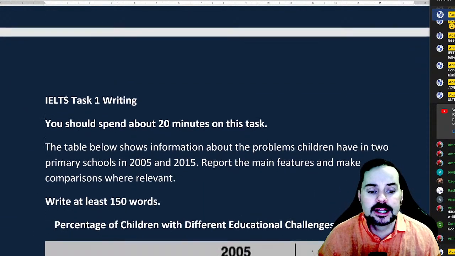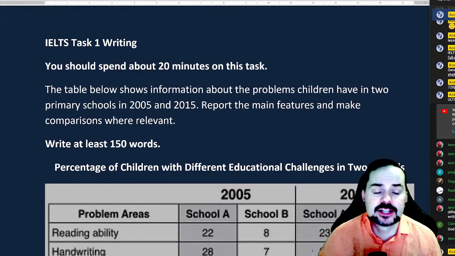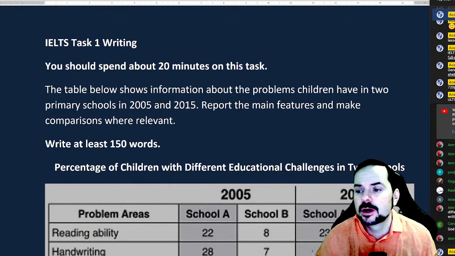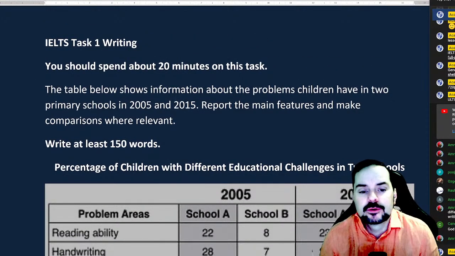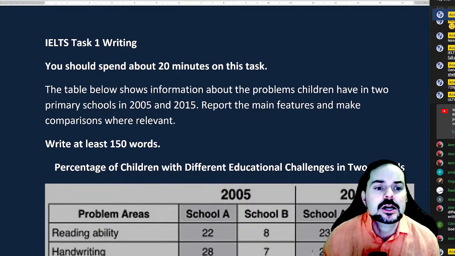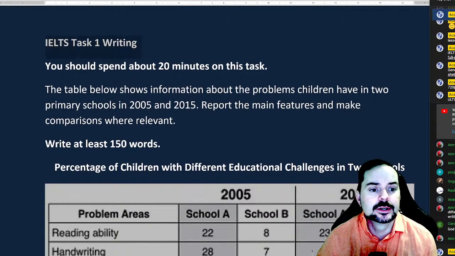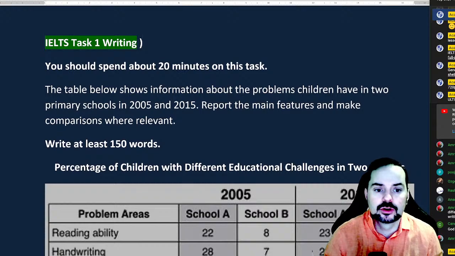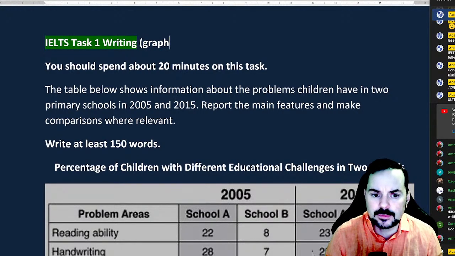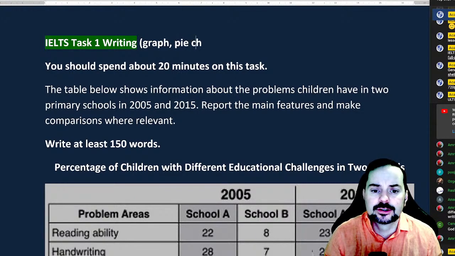So let's get to our writing task 1 right now. So here we are, and I know this is what you're waiting for, and we're going to get right into it. So this is IELTS task 1 writing for the academic. Task 1 writing could be a graph, like a pie chart, bar chart.